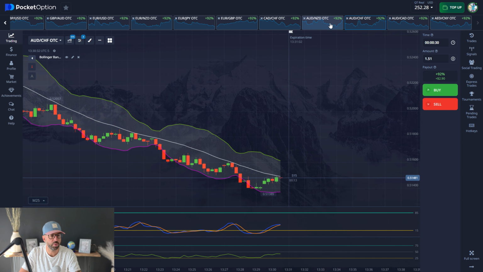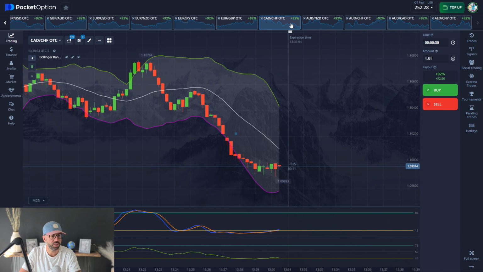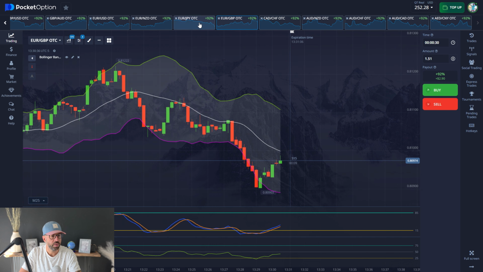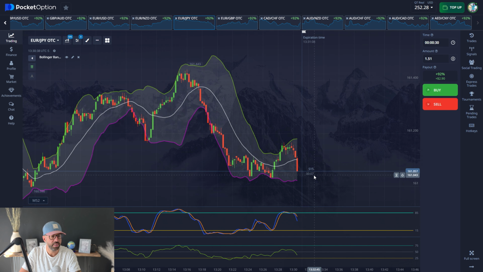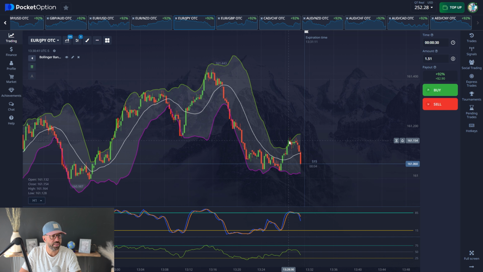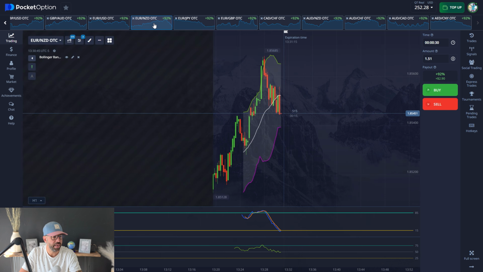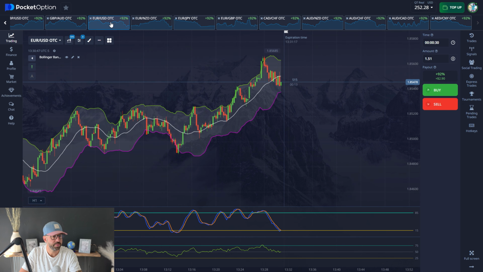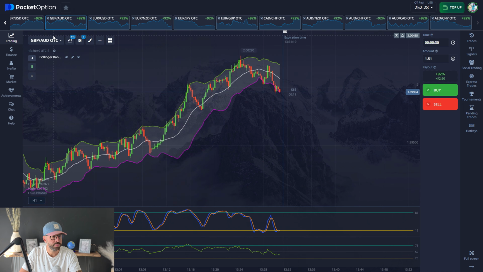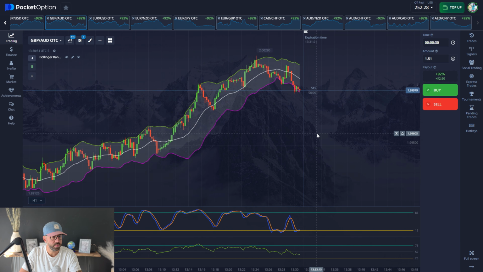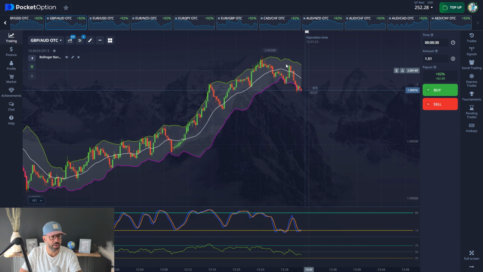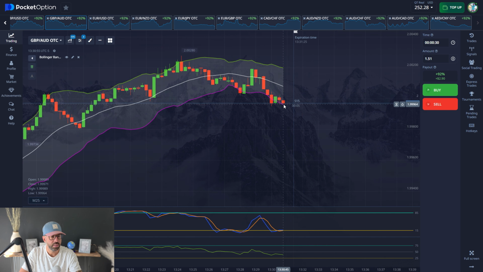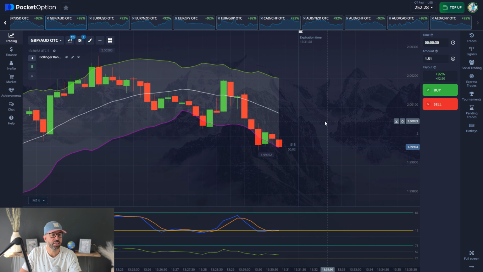What we're going to do is cycle through to find another chart. Our goal is to find candles that are outside of the Bollinger Bands and the stochastic and the RSI. It looks like we are now on a downward trend, and you can go with the trend as well.